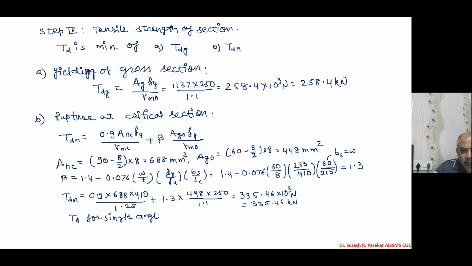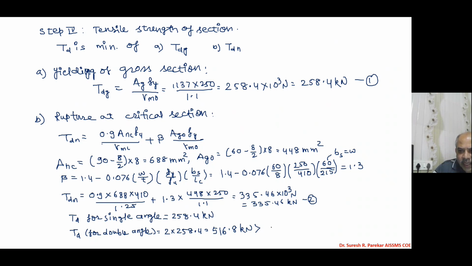And therefore, TD for single angle, minimum of 2. So this is 1 and this is 2. So we have this as 258.4 kilonewtons. And TD for double angle is equal to 2 into 258.4, and that is equal to 516.8 kilonewton, which is greater than 500 kilonewton, and therefore safe.